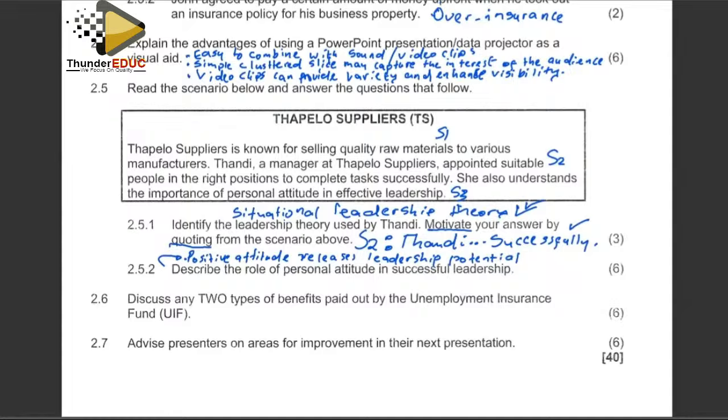Okay, right. So now we are also saying that enthusiasm produces in a leader. Also, he said that leaders' attitude may influence the success or failure of the business.